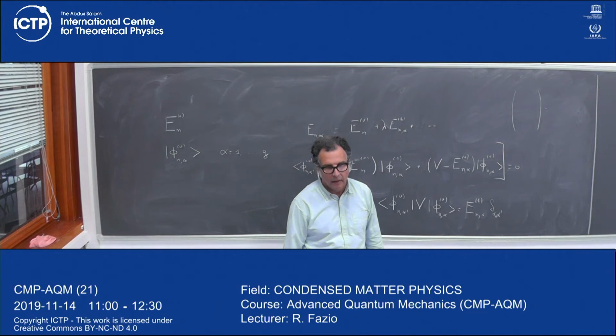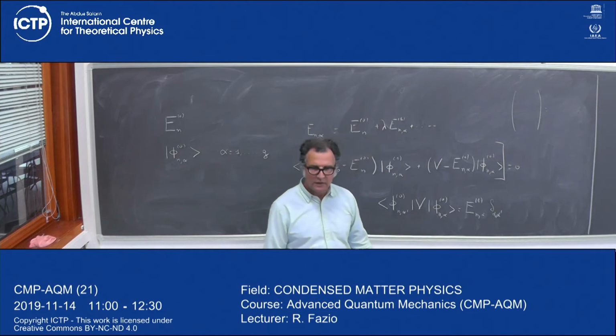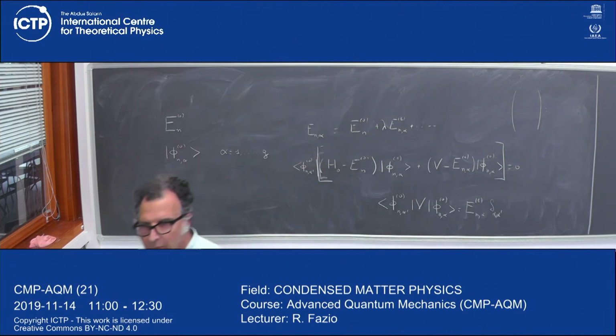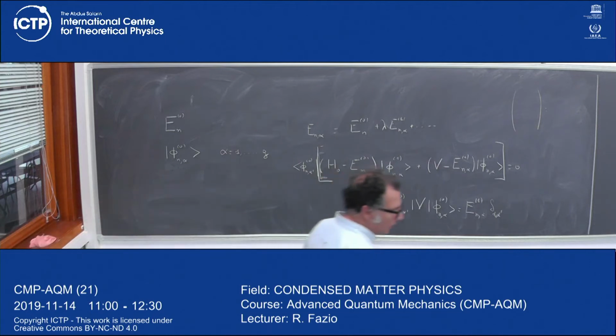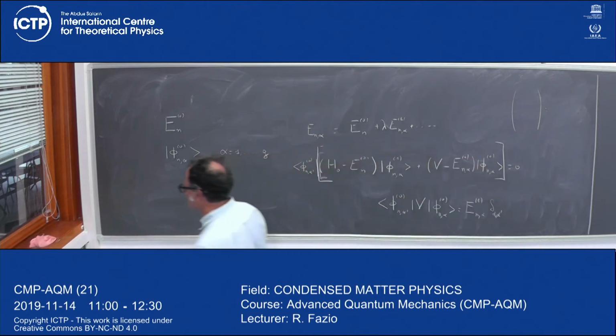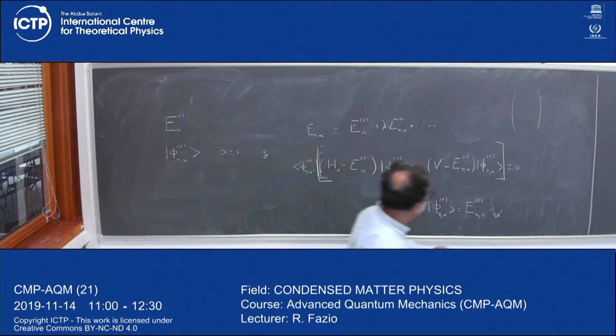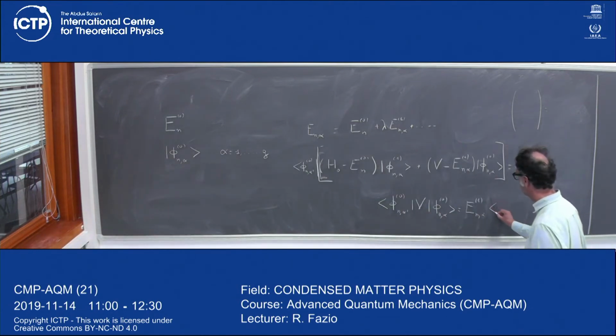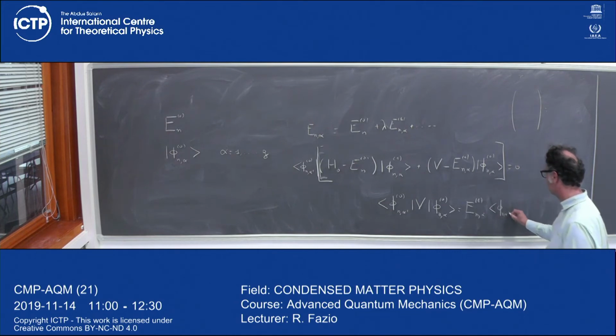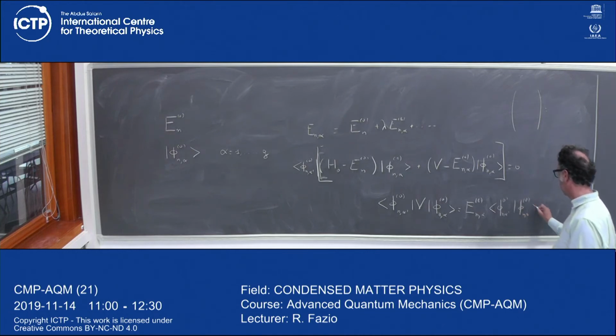No, because in the last step, where you have this delta, it's like you were assuming they are orthogonal. Let's write it like this. Perhaps this is clear. But they are orthogonal. Yes.